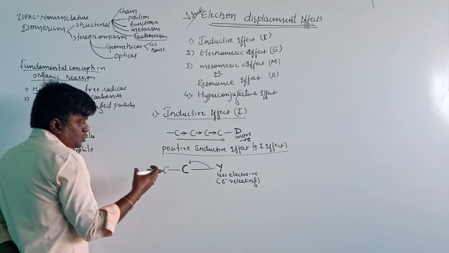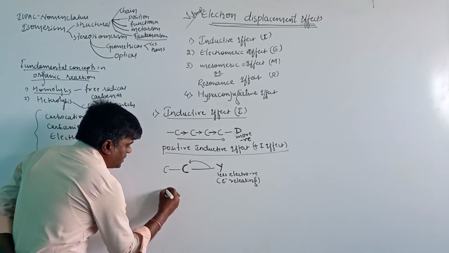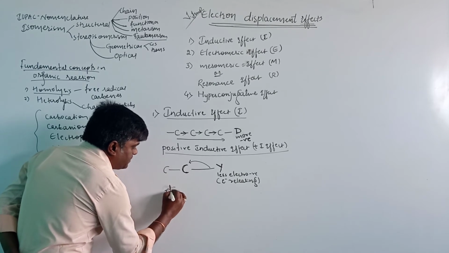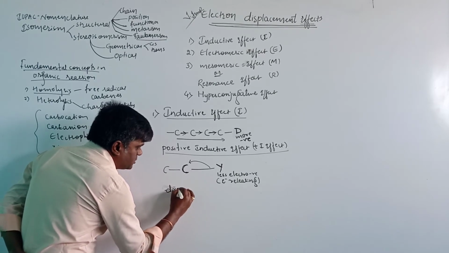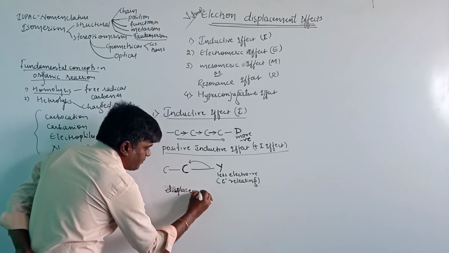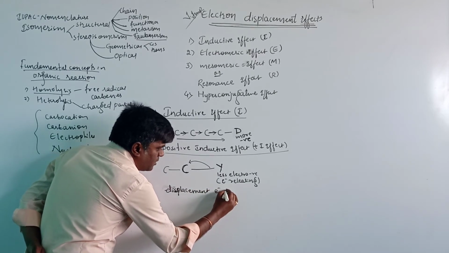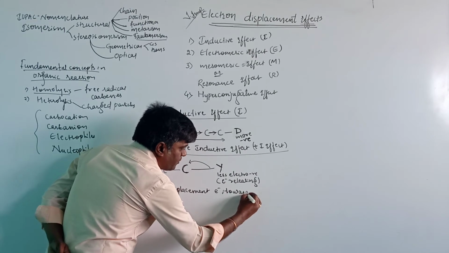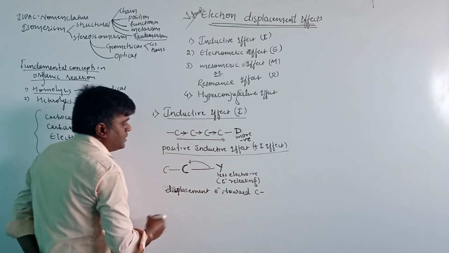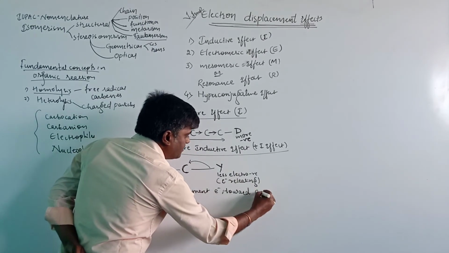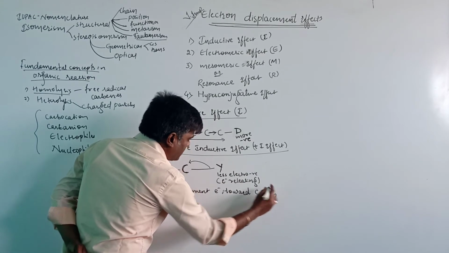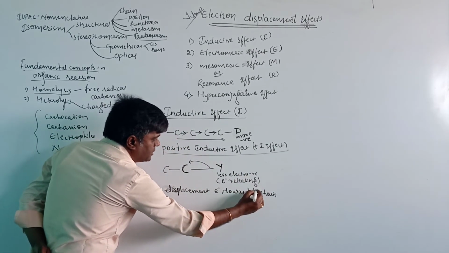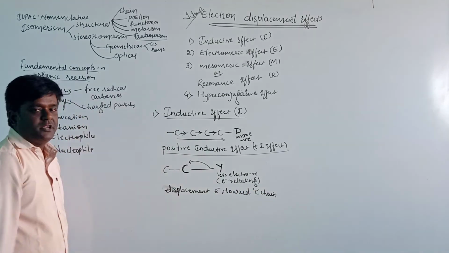We can write two definitions here. The displacement of electrons takes place towards the carbon chain, then it is known as a positive inductive effect.